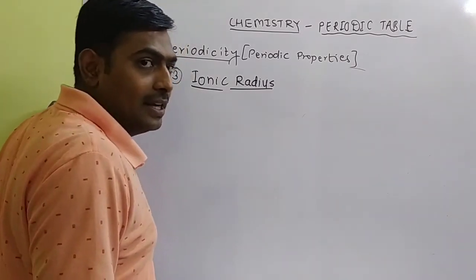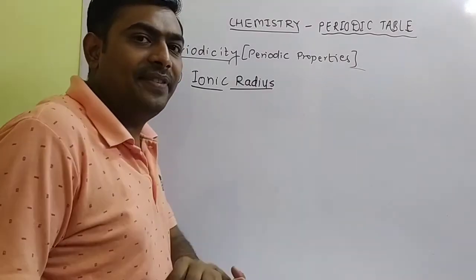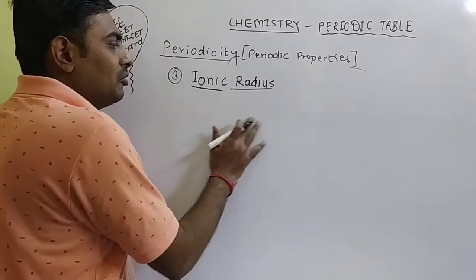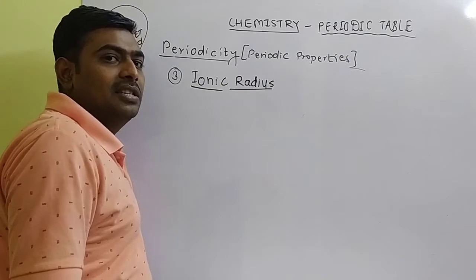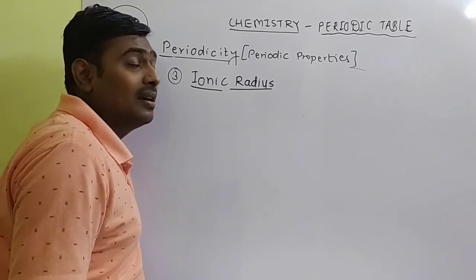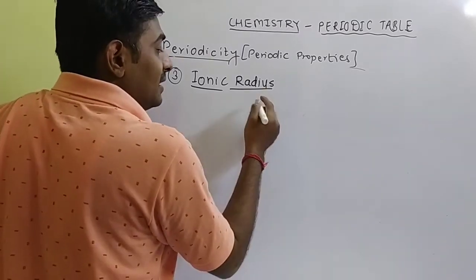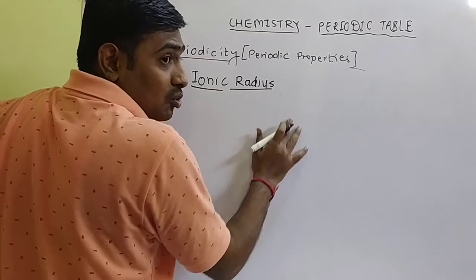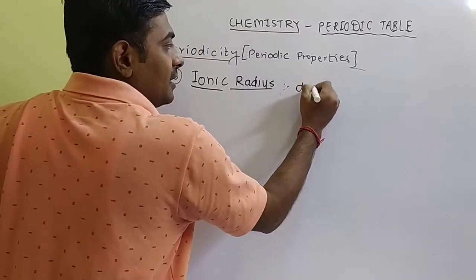Next one is ionic radius. Again the definition will be the same. What is meant by ionic radius? What was the atomic radius? Atomic radius is the distance from the nucleus of any atom to the valence shell. Again the same: ionic radius is the distance from the nucleus of any ion to the valence shell.